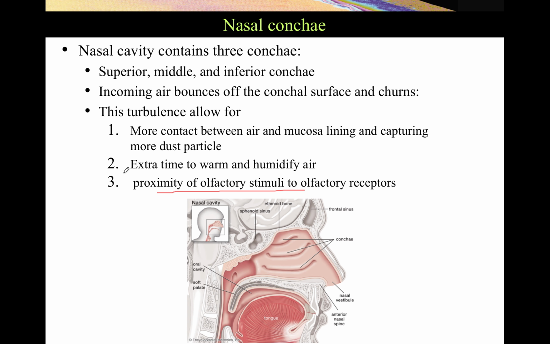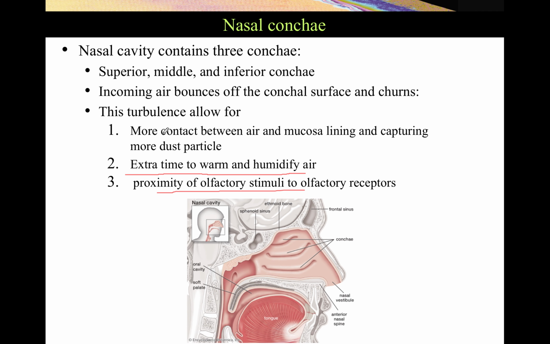It also, because it creates that turbulence, provides extra time for the air to warm up and moisten. And the last thing it does is that, as the air circulates, it gives additional opportunities for the mucosal lining as well as the ciliated cells that line the nasal cavity to capture any of the dust particles that have not been filtered by your nose hair.